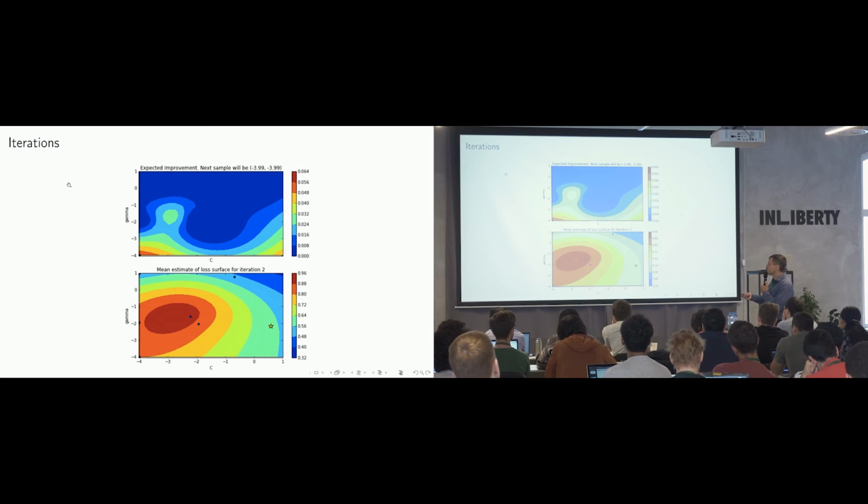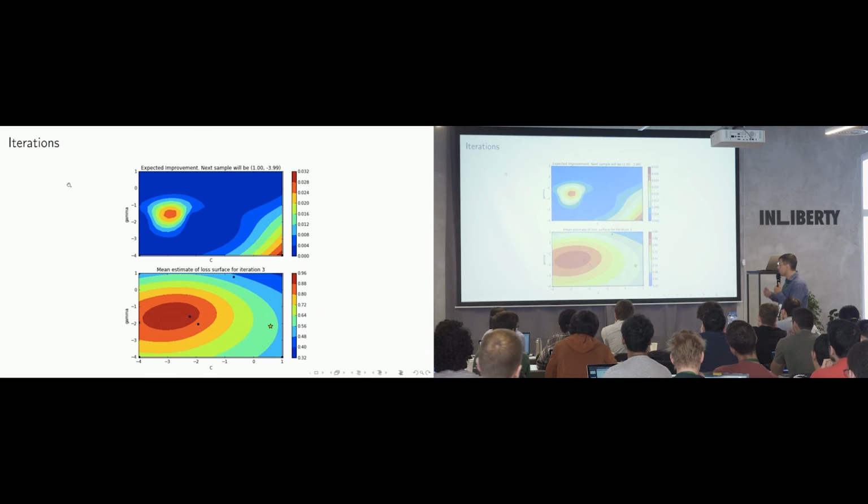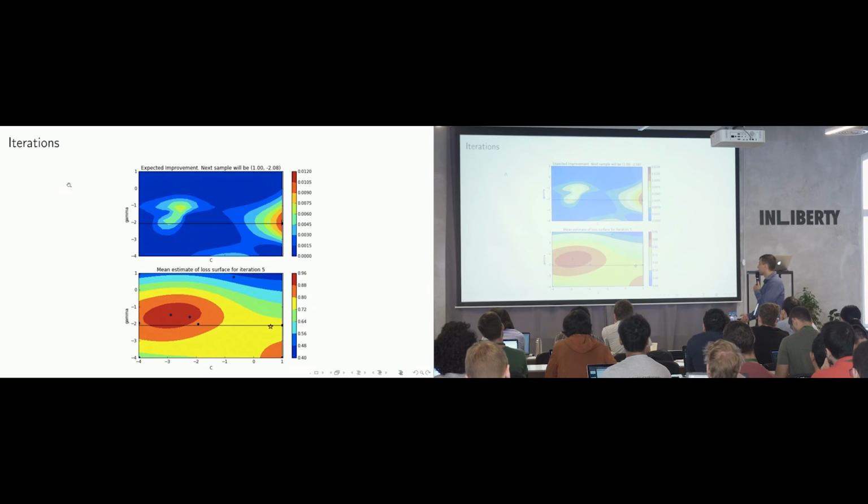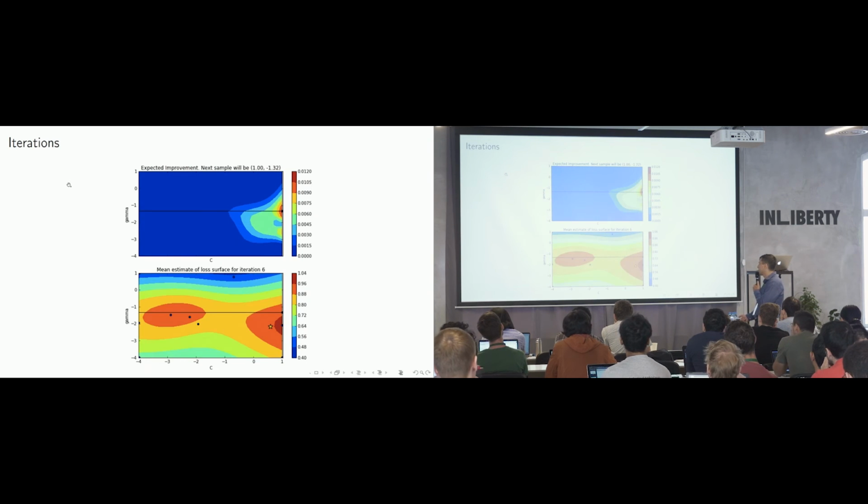Then for this Gaussian process regression, we construct expected improvement. And we see that its optimum is located here. And then we add this new observation and construct the Gaussian process regression again. Now it looks like this, and this is how expected improvement looks like. And after iteration number 5, I guess it's iteration number 6, right?